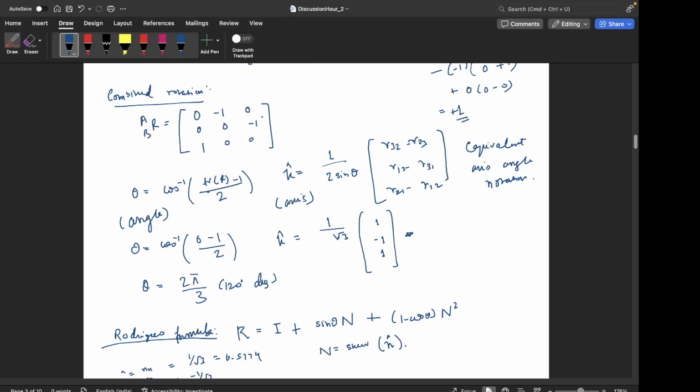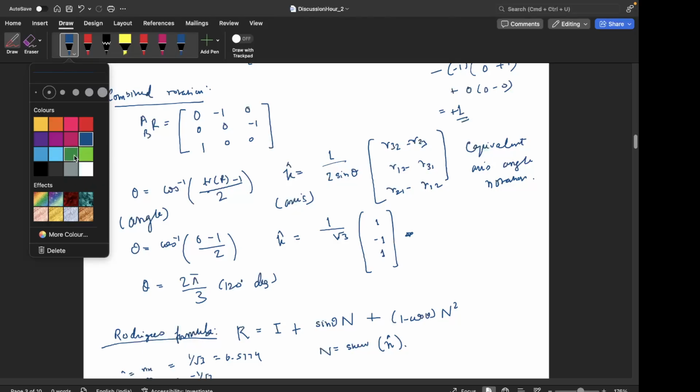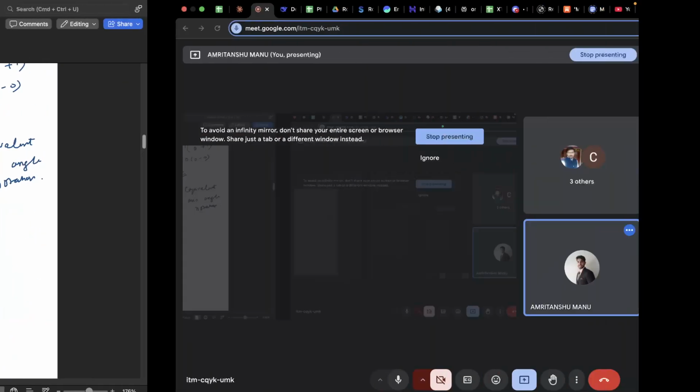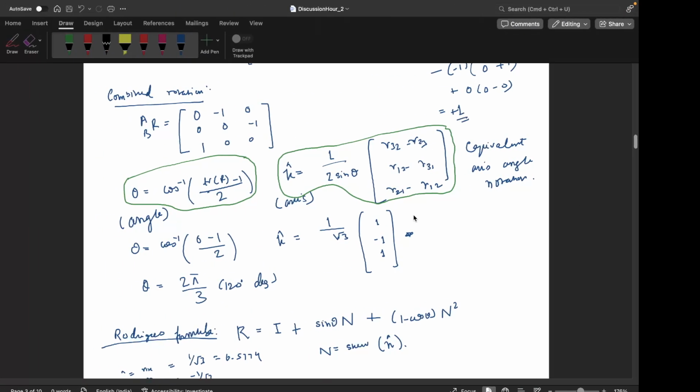So in this case, that is this rotation matrix. And then we use these two expressions, which I will just encircle. Right.